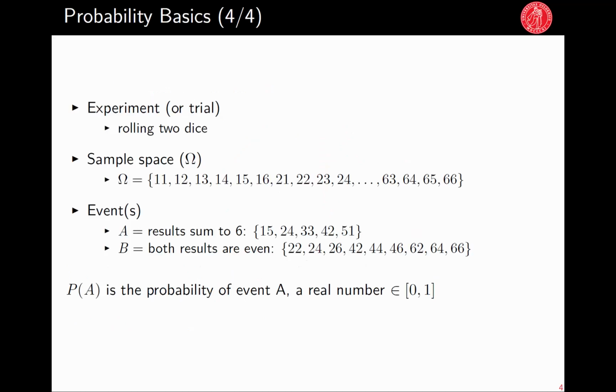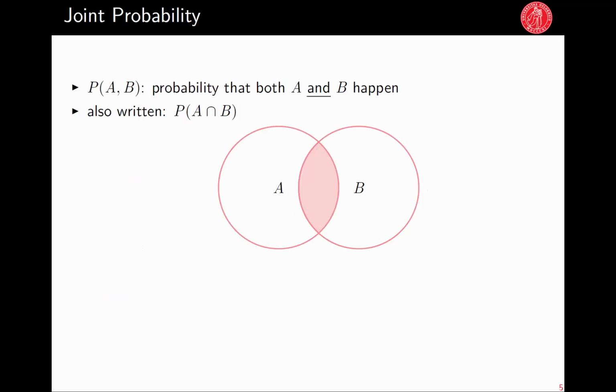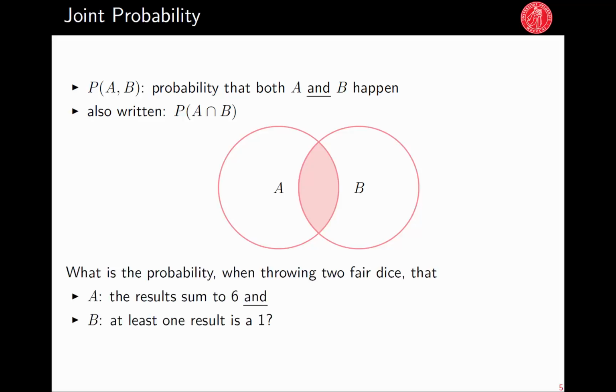And now B further selects from that subset, and so we're left with a set of 1 followed by 5 or 5 followed by 1, the intersection here of 2, and hence the joint probability of A and B will be 2/36.